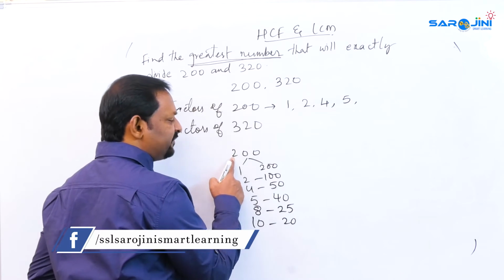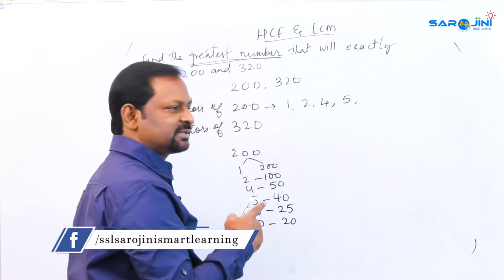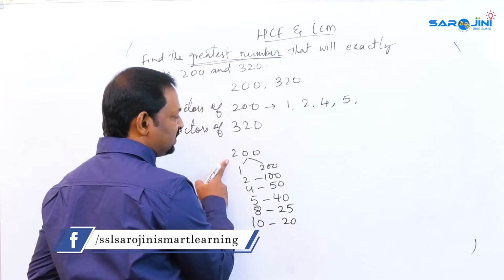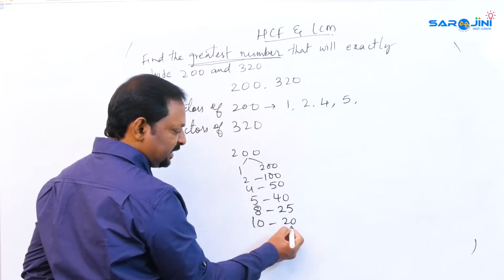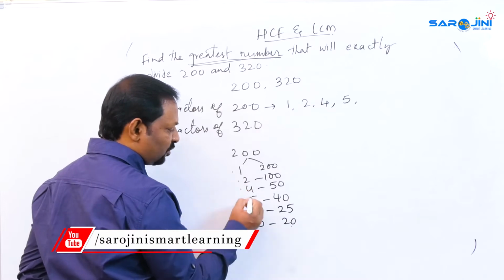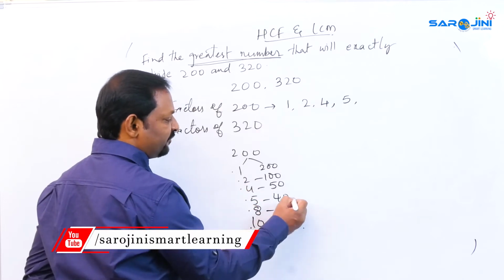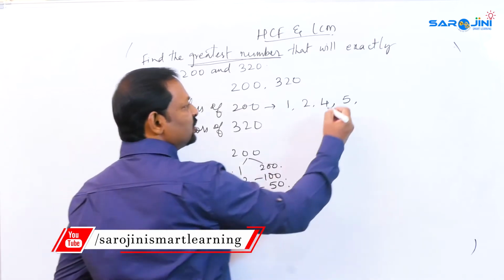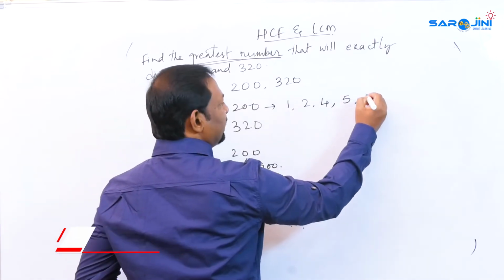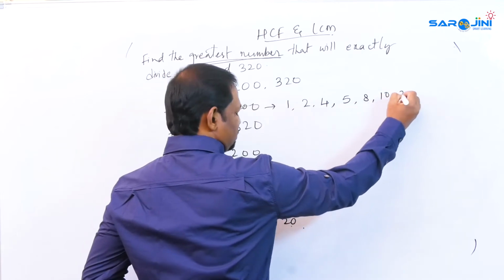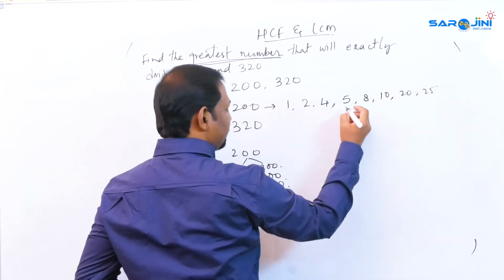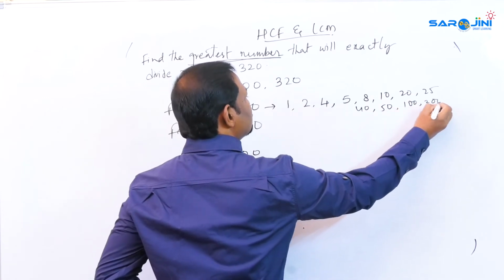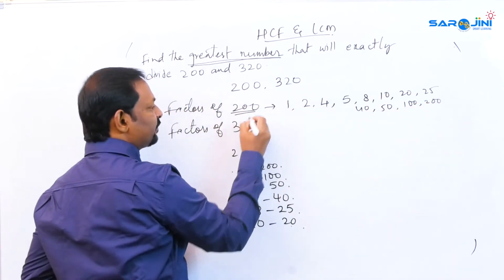Then will it go in 15? 15 ones are 15, no. 16, no. 17, 18, 19, 20. So 20 means here only. So 1, 2, 4, 5, 8, 10, 20, 25, 40, 50, 100 and 200 are the factors of 200.